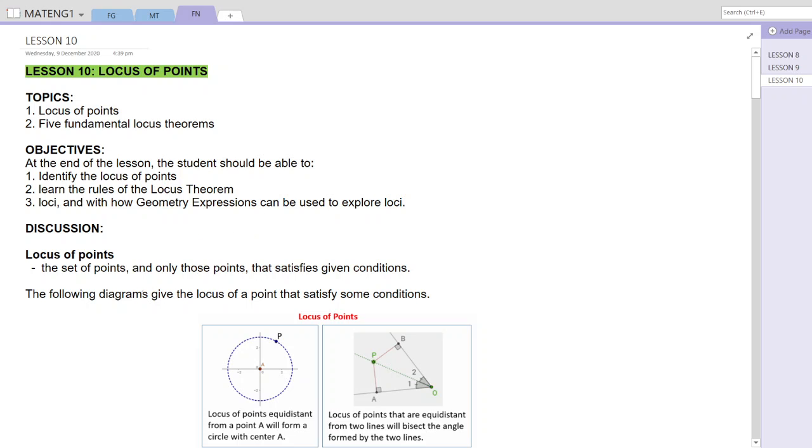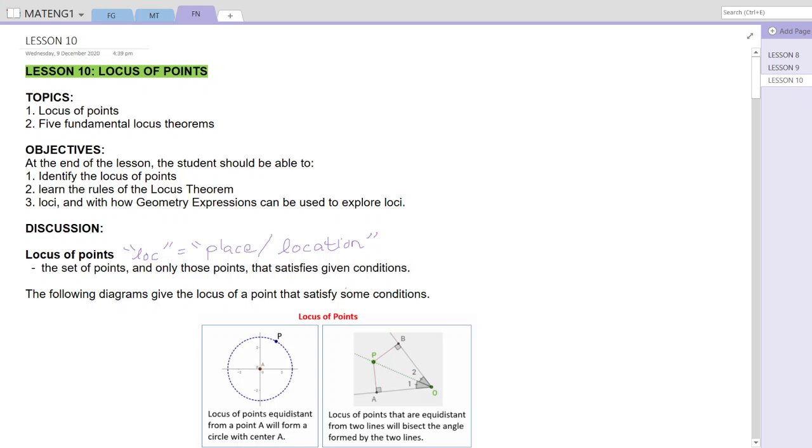Let us first define what a locus of points is. First, locus is from the Latin root word loc, which means place or location. It is the set of points, and only those points, that satisfy given conditions.